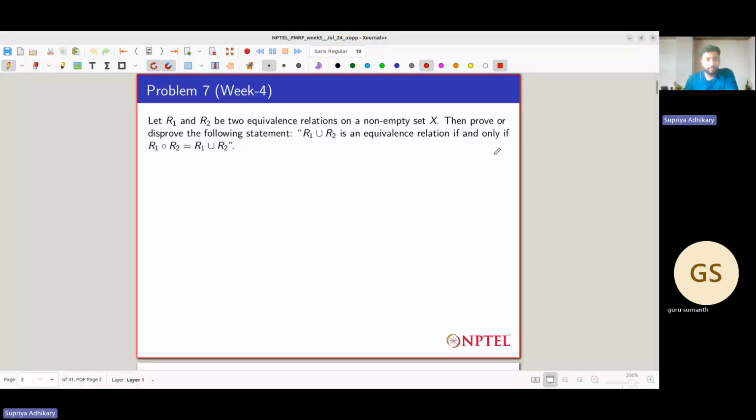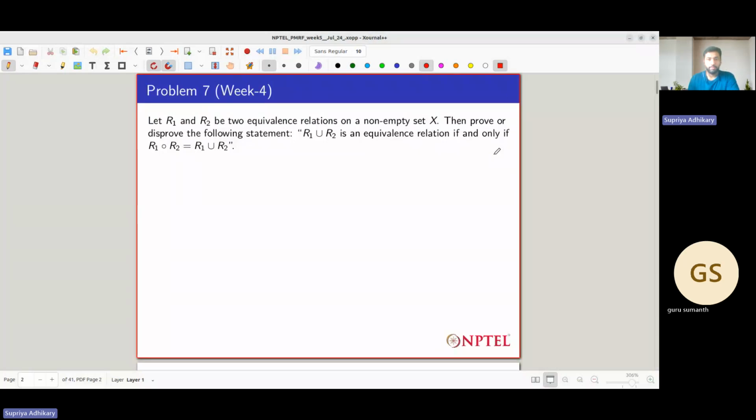In the last week we had this problem that R1 and R2 are given equivalence relations on a set X, and we have to prove or disprove the statement that R1 union R2 is also an equivalence relation if and only if R1 composition R2 is equal to R1 union R2.